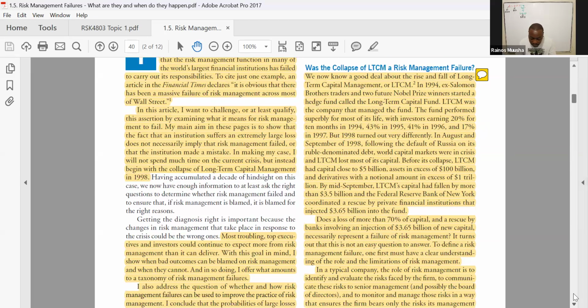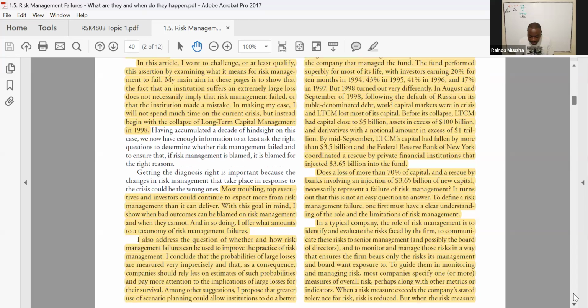So does a loss of more than 70% of capital and a rescue by banks involving an injection of 3.65 billion of new capital necessarily represent a failure of risk management? It turns out that this is not an easy question to answer. To define a risk management failure, one first must have a clear understanding of the role and the limitations of risk management.